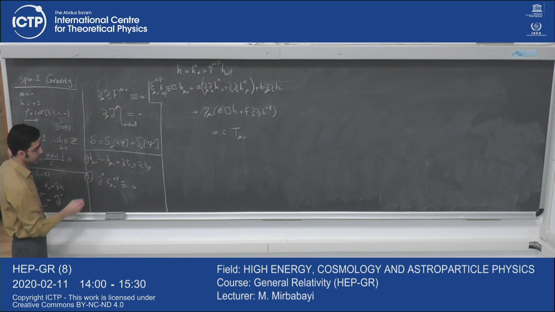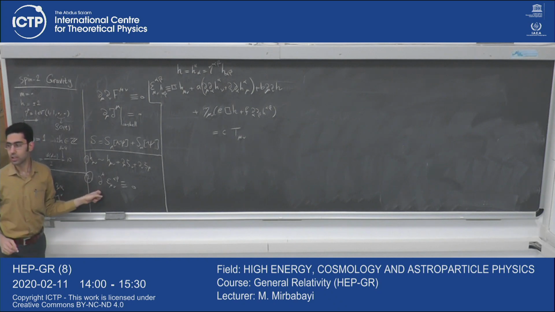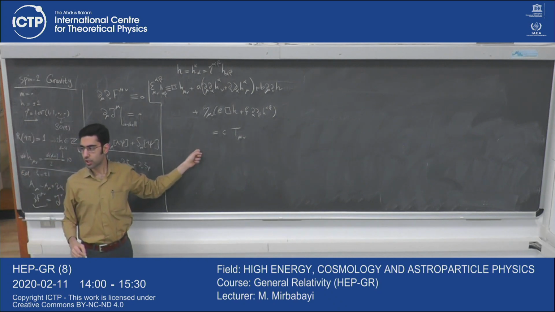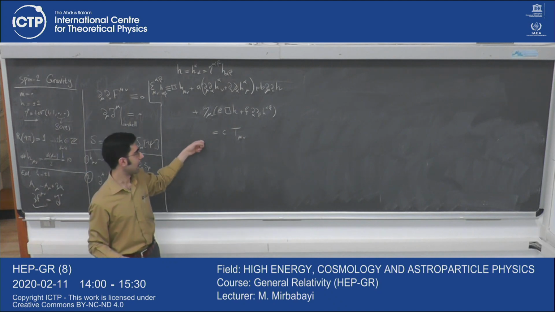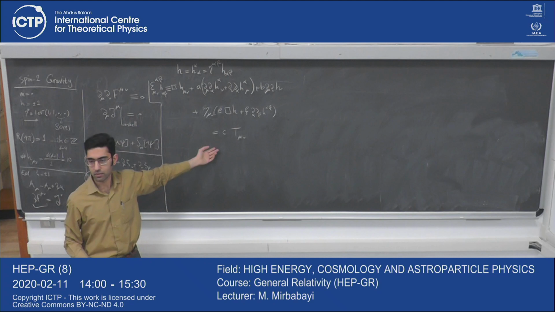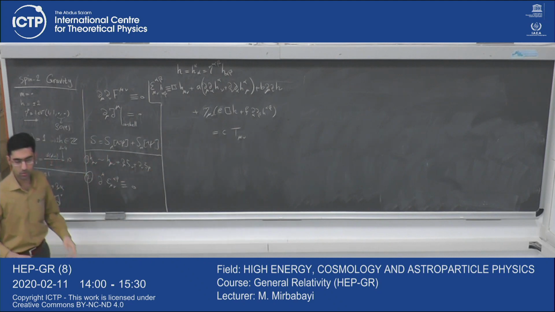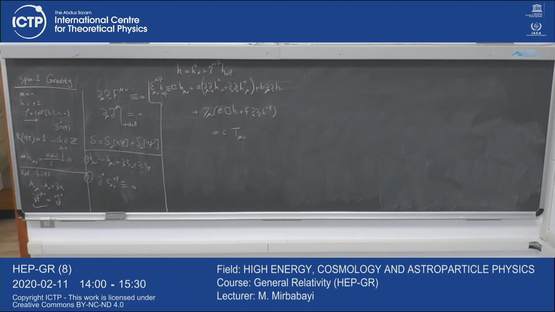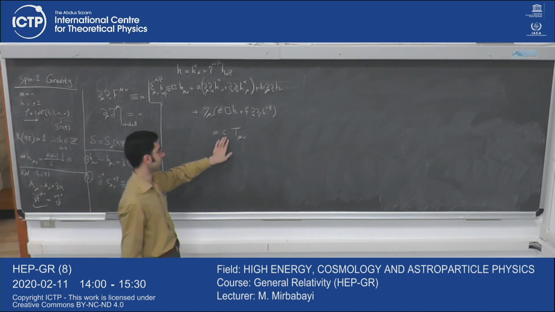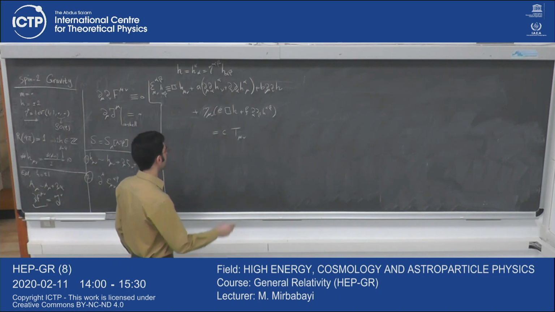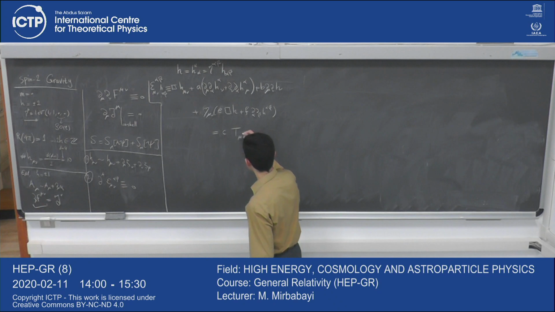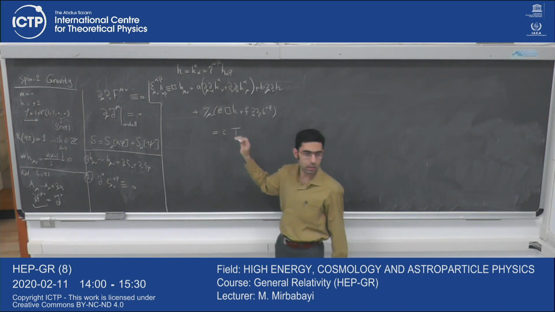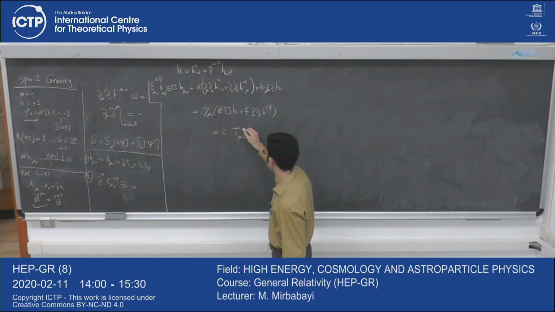This is the second property. The second property ensures that what I put on the right hand side of the equation has to be conserved. And the option that we have is obvious, is the T mu nu, the energy momentum tensor with some unknown coefficient. And this T mu nu, at the moment we are working with the linearized theory, so this is supposed to be T mu nu 0 or matter.